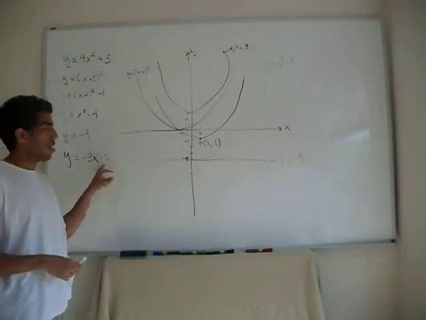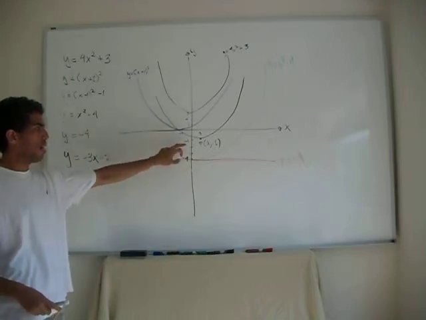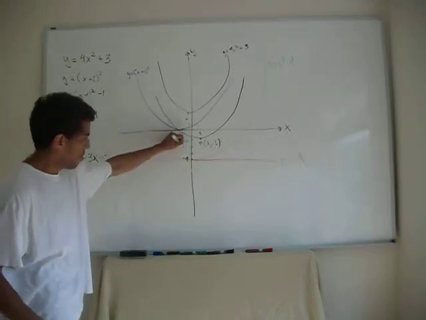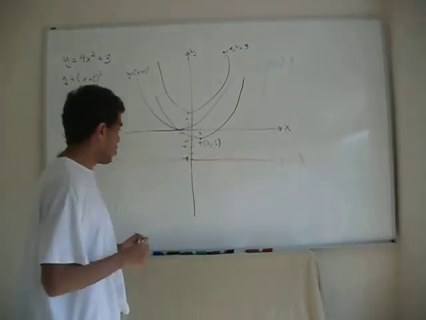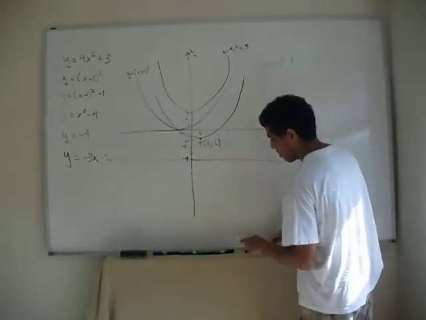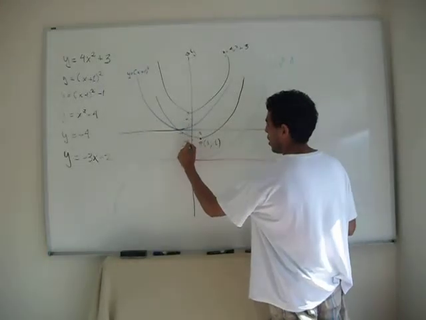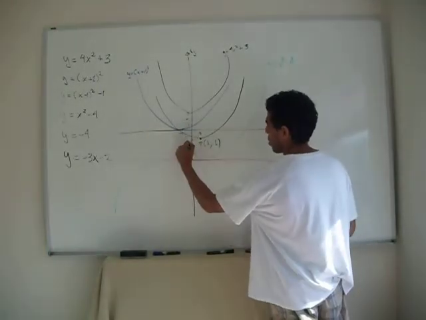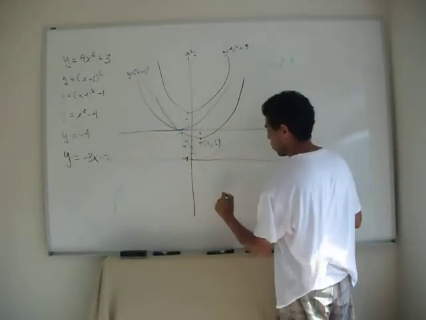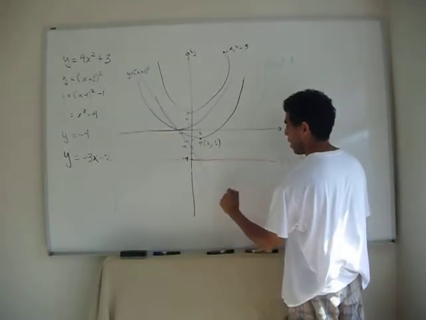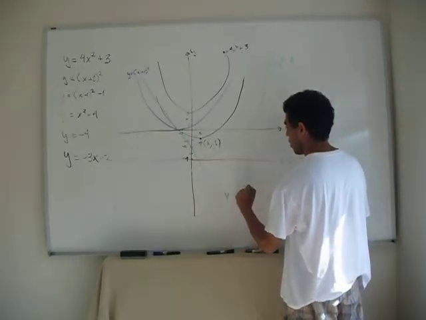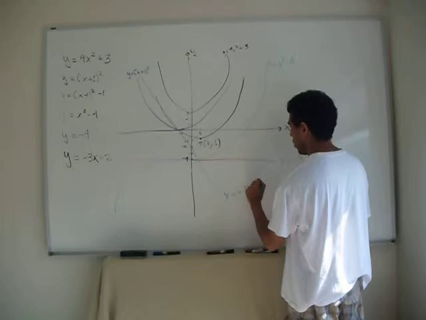Minus 2 is the b, the cut with the y-axis. This means it's going to be cutting right here at minus 2. So we know that the function is going to look a little bit like this. Let's use green again. Down and up. This is y equals minus 3x minus 2.